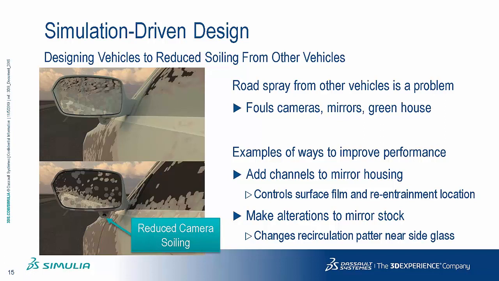So if you were driving behind, say, a bus, the kick up from that would be depositing onto the lens, and it would be impacting the visibility. What we did is we changed the mirror struts to change that vortex that's in behind that, and we also added some channels around the mirror housing, and that allowed us to drastically reduce the amount of soiling or dirty water that deposited on that camera lens.